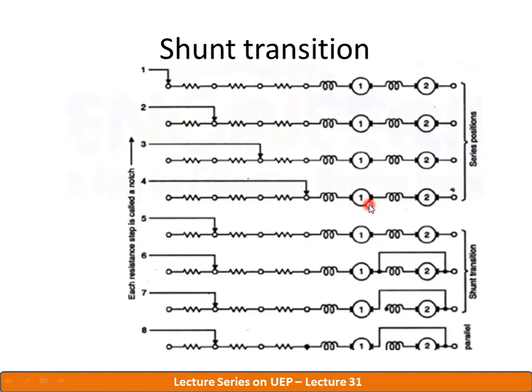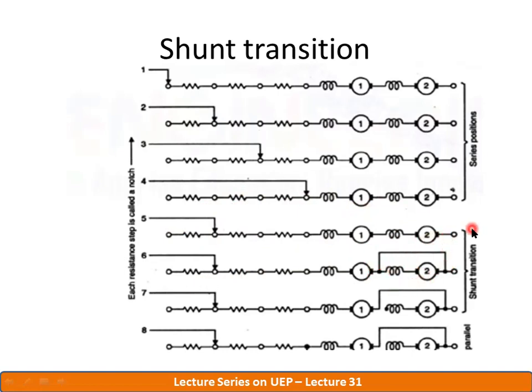In order to increase the speed of the device, the two motors are connected in parallel, not in a single stage. The very first stage is the fourth stage, where starting resistance is completely bypassed. In the fifth stage, some amount of resistance is retained in the circuit, so less voltage is applied to this combination. In the sixth stage, motor 2 is completely bypassed.